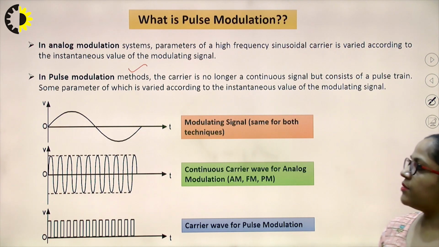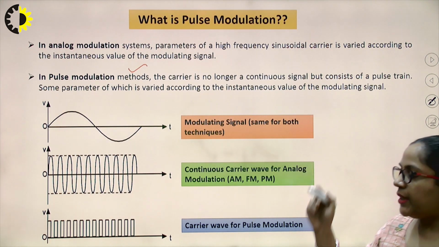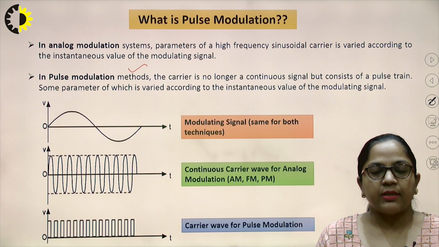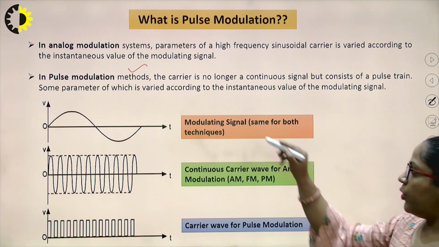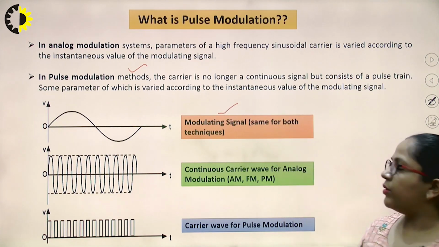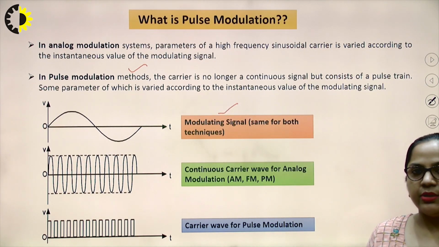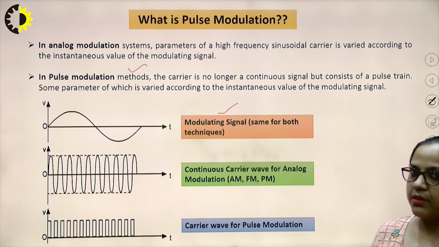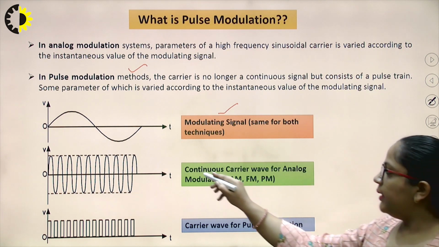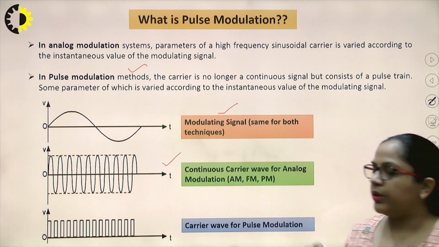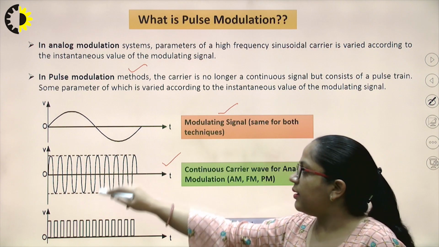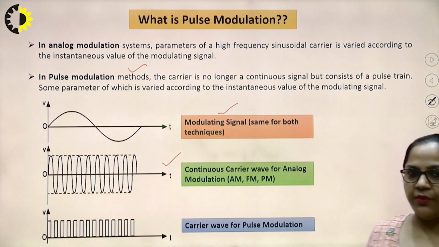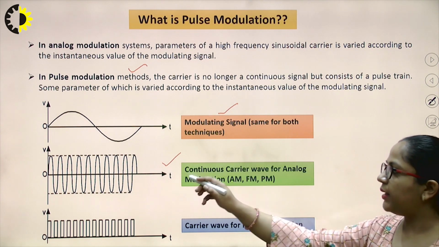So what is the basic difference between pulse modulation system and continuous analog modulation system? The modulating signal will remain the same in both techniques. In case of continuous analog modulation, we select a carrier that is a high frequency periodic waveform. The nature of the carrier is continuous.